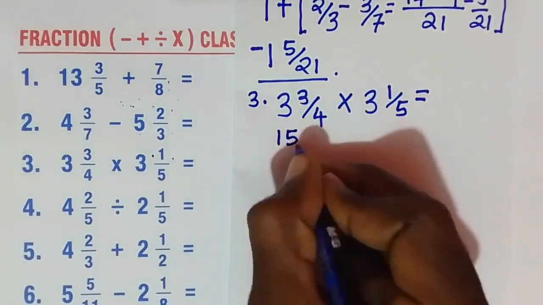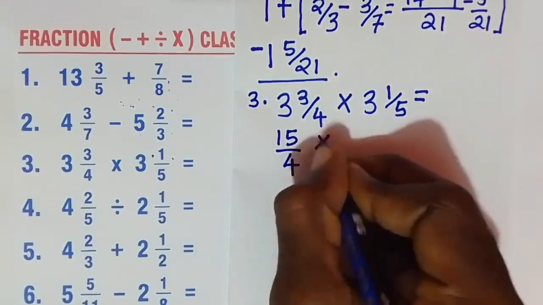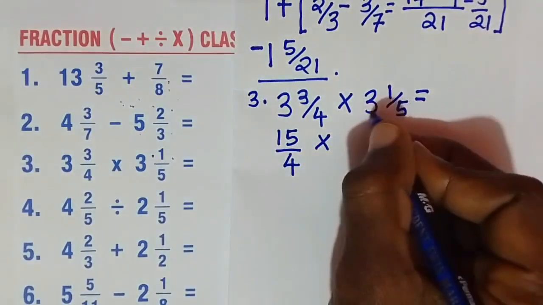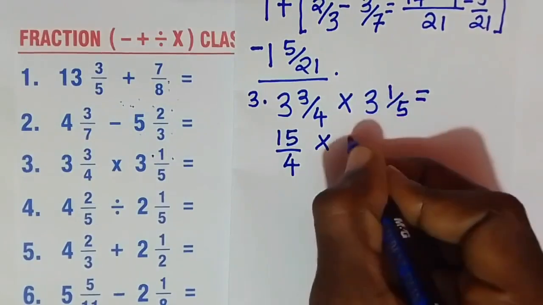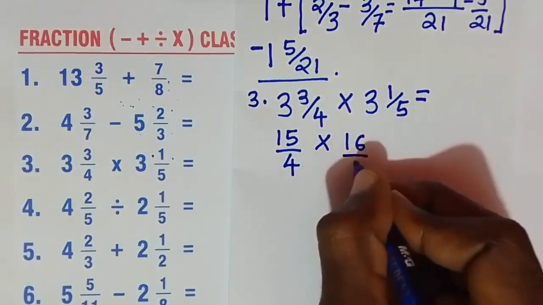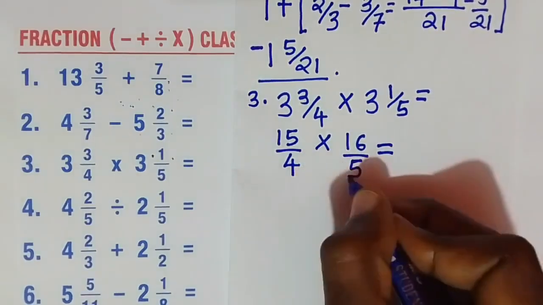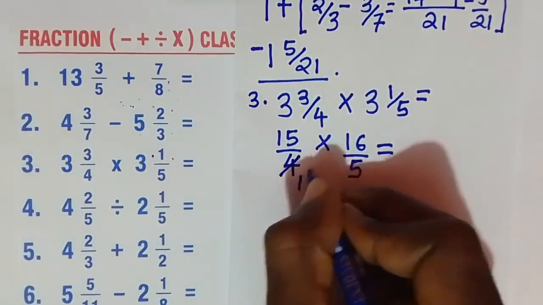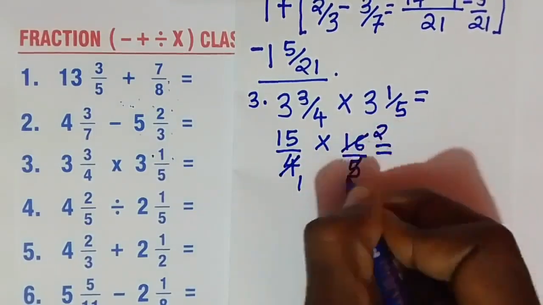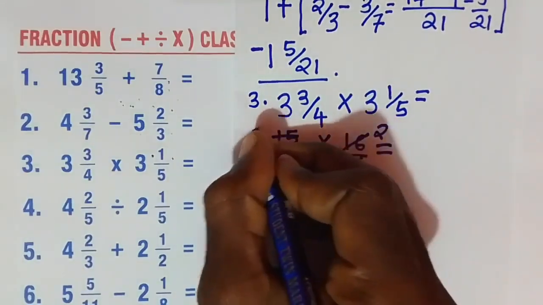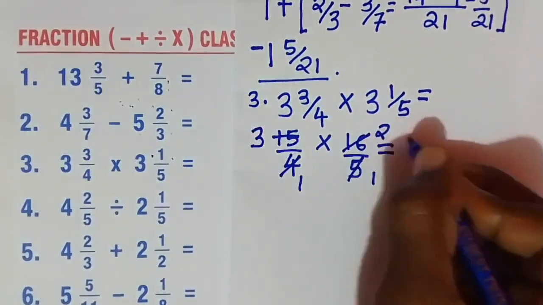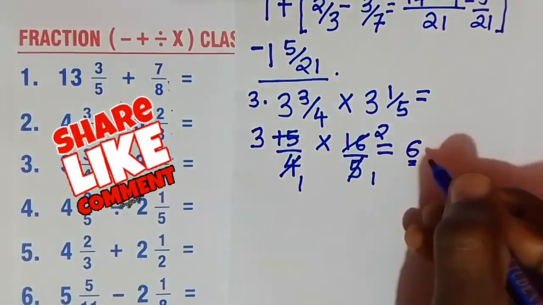We get 15 over 4 multiplied by 5 multiplied by 3, 15 plus 1. We get 16 out of 5. Here we can simplify: by 4 and 5, by 4 1, by 4 2, by 5 1, by 5 we get 3. 3 times 2, we get 6.